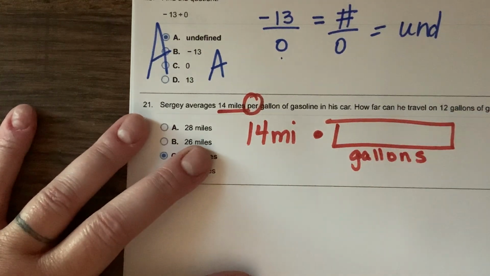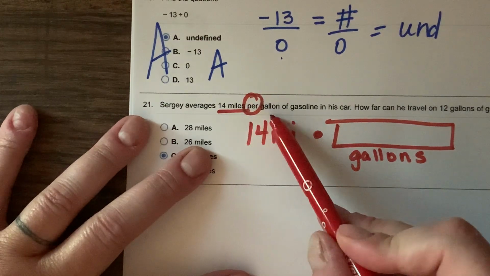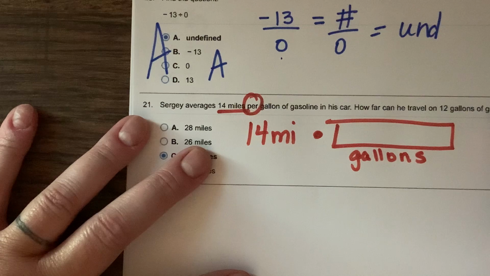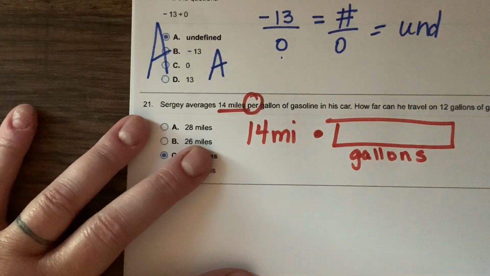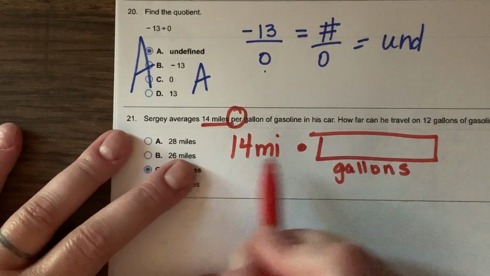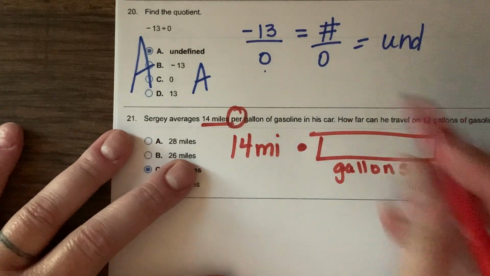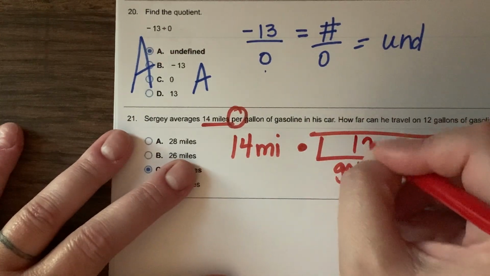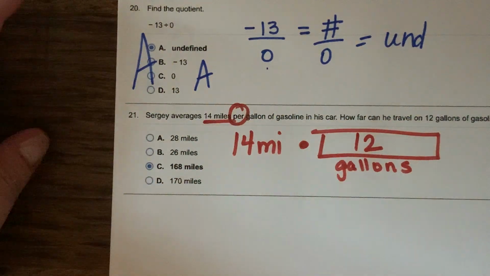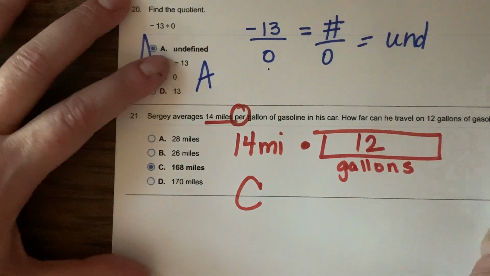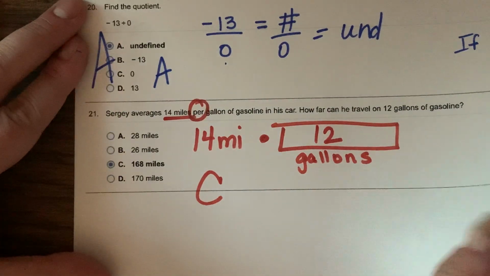So per gallon of gasoline in his car, how far can he travel if he had 12 gallons? Okay, well, 1 gallon is 14 miles. So if I want 12 gallons, I'm just going to multiply 12 and 14. And yeah, see, exciting. So no division there, nothing crazy.